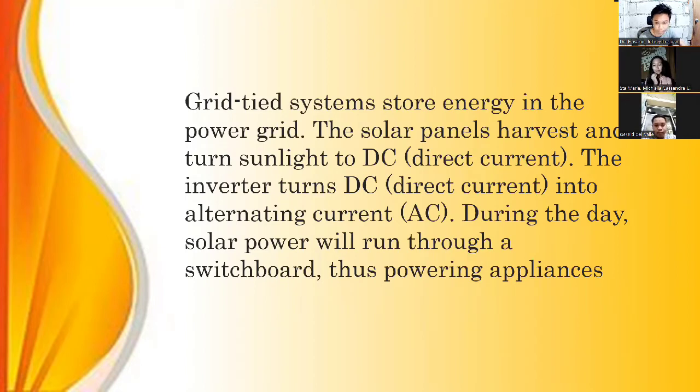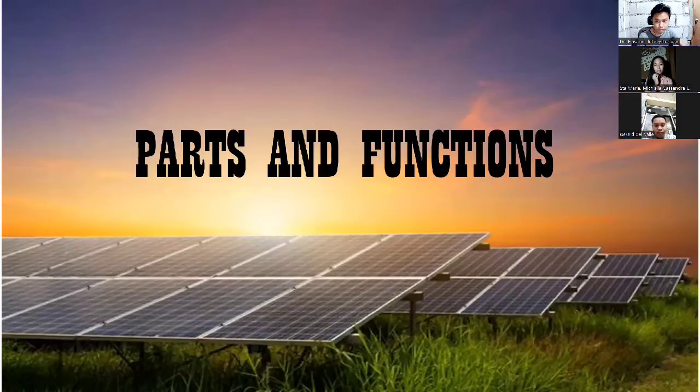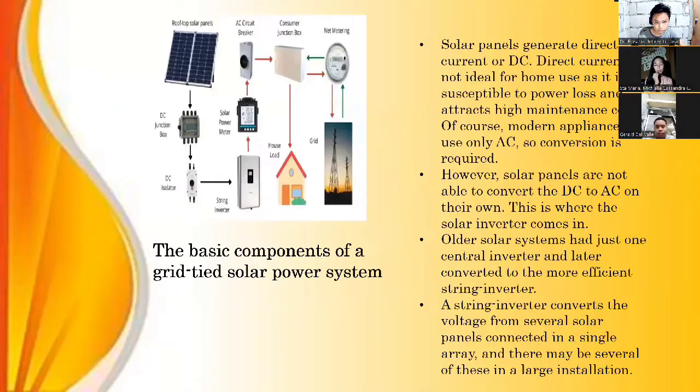So, ano ba yon? Parts and function ng mga ginagamit para mag-convert yung electricity to AC para magamit sa bahay. First is solar panels generate direct current or DC.